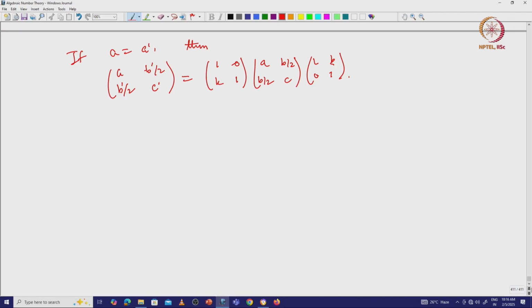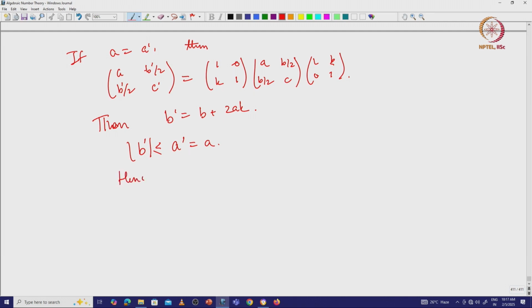In any case, B prime is B plus 2AK, right. But now A is equal to A prime, and B prime is less, so mod of B prime is less than or equal to A prime, which is equal to A. So, the only way this can happen is when K is equal to 0.